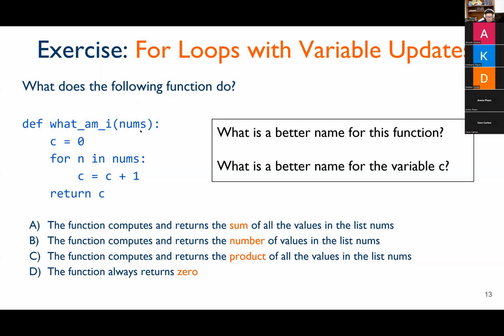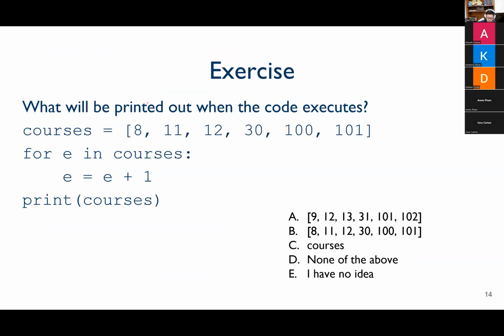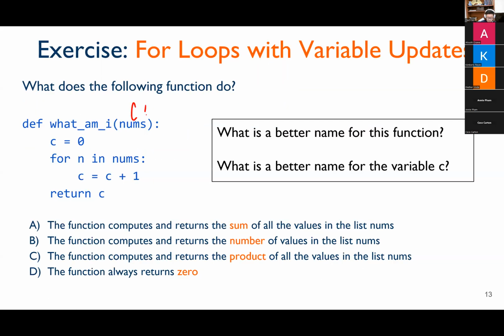If this list has, for example, 1, 3, 5. Initially, n is 1, and then c would become 1, and then n becomes 3, c becomes 2, and then n becomes 5, c becomes 3. So c would return 3. In other words, c would be the length of the list, or the number of values in the list.